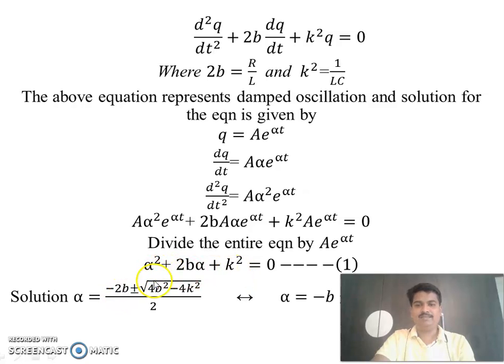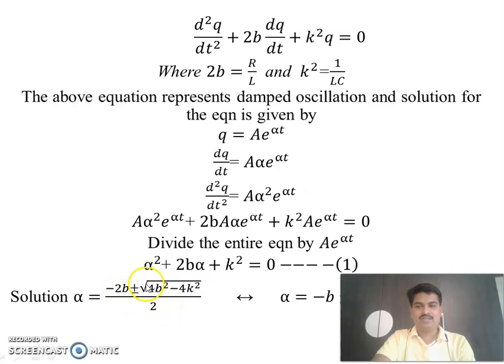Minus b, here the b is 2b, so I've written it as minus 2b plus or minus root of b square, in the sense it's 2b whole square, becomes 4b square, minus 4ac. Here a is 1, because the coefficient of alpha square is 1, and c is k square, so 4k square divided by 2a, a is 1, so it is only 2.